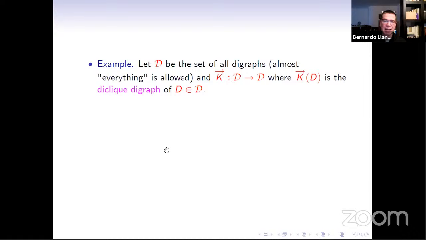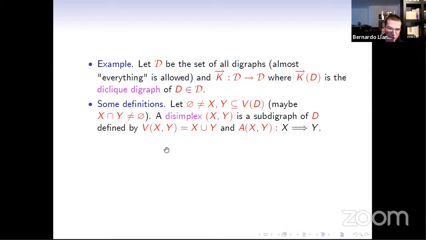He defined this operator on a very wide class of digraphs, considering loops and symmetric edges, meaning edges in both directions, everything. So I will give the definition, and I will give some examples, because the examples are very good illustrations for the definition.